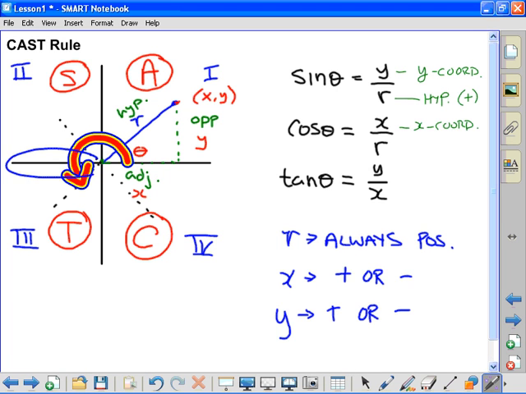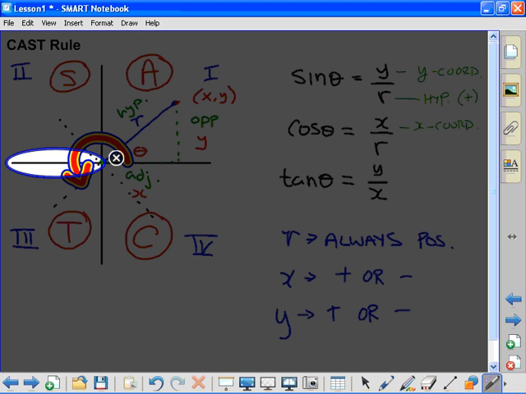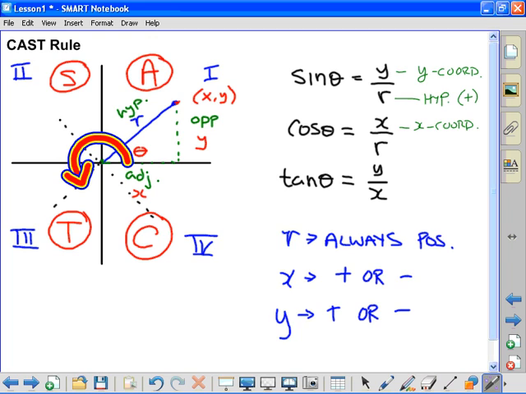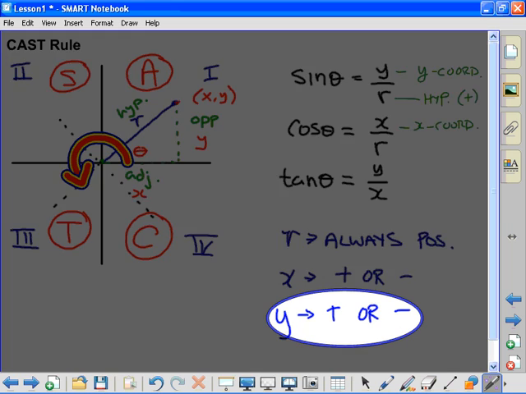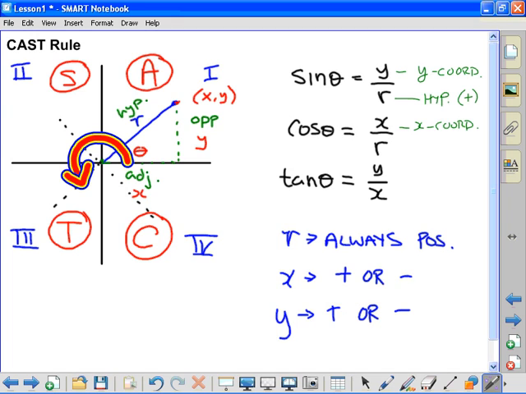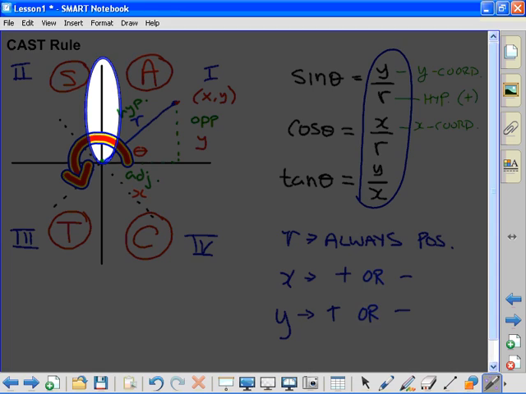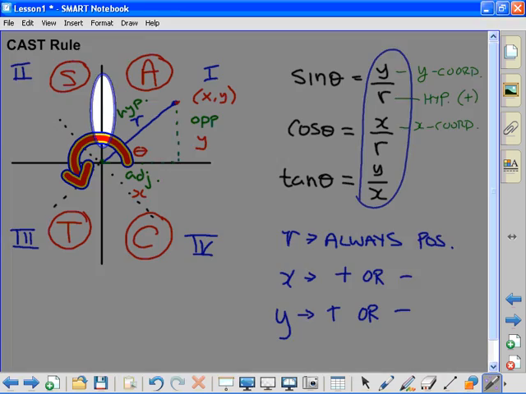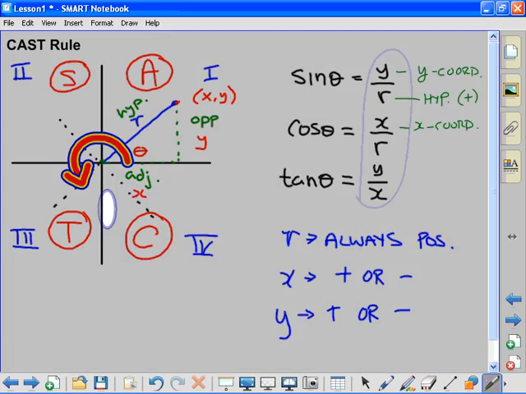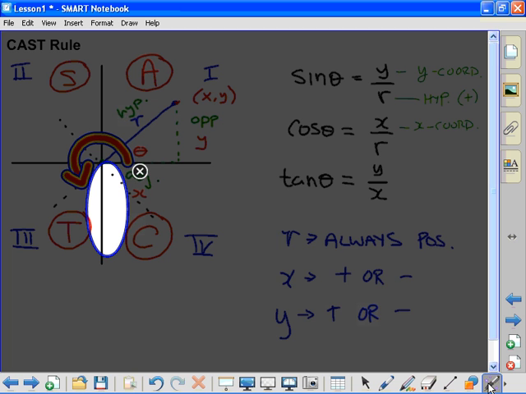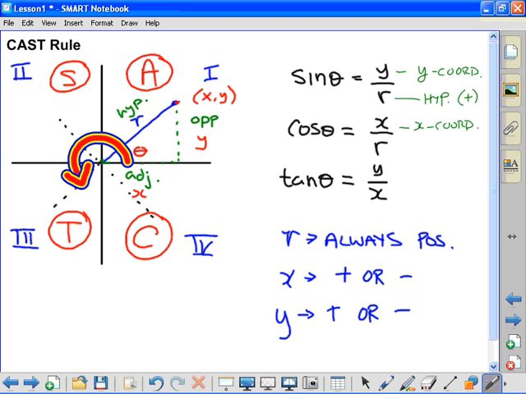If you're in quadrants 2 and 3, your x values are negative. Similarly, whenever y is in the ratio, if you're in quadrant 1 or 2, the y value is positive. If you're in quadrants 3 and 4, your y value is negative. So that affects whether a ratio is positive or negative.